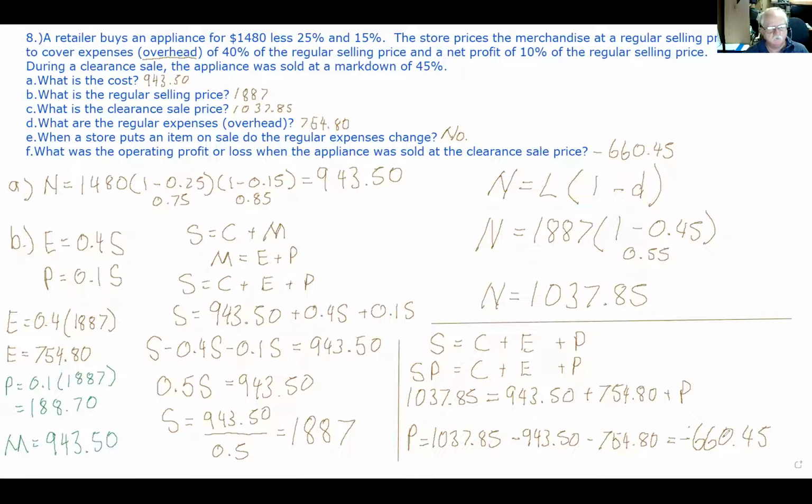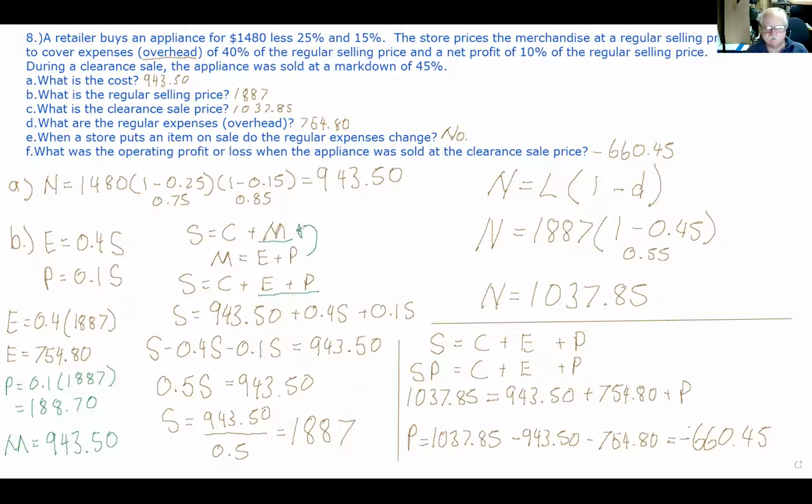Thank you, sir. Okay, so sometimes they'll give us, like they gave us several equations where they didn't differentiate between expenses and profit. But in this case, they've told us the details of percent for expenses and percent for profit. So that's why we had to do S equals C plus E plus P, because they gave us information here that allows us to replace the markup.